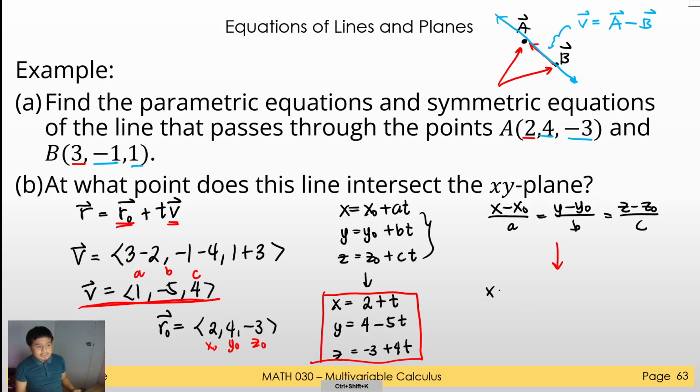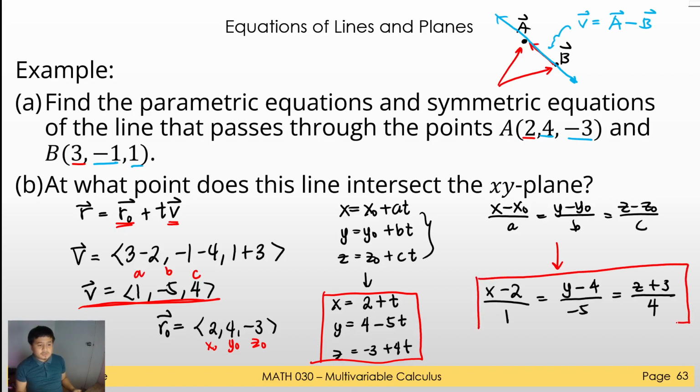We have (x minus 2) over 1 is equal to (y minus 4) over -5 is equal to (z plus 3) over 4, since minus -3 becomes positive. No need to change anything, so this will be your symmetric equations. That will be all for this example.